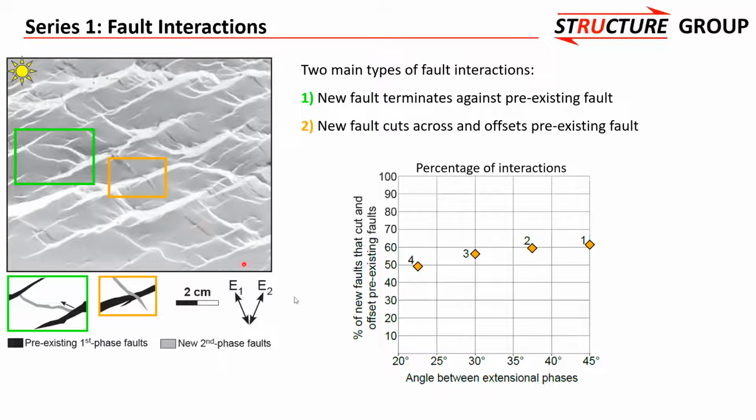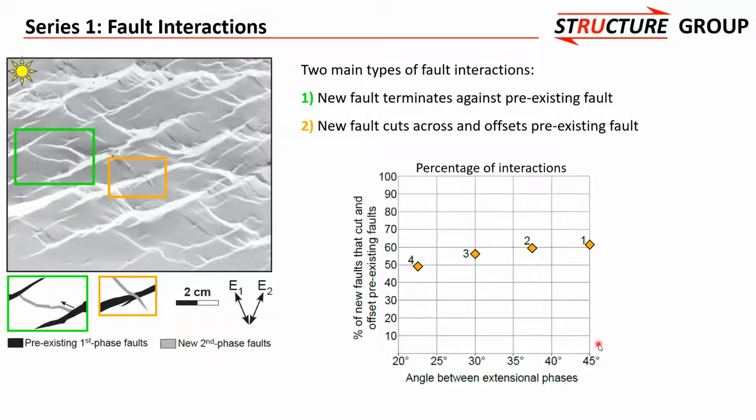Interestingly, if you look at the percentage of total fault interactions, the percentage of new faults that cut and offset pre-existing faults appears to increase as the angle between extensional phases increases. So it appears easier for the new faults to cut across the pre-existing faults with larger angles between the extension directions.